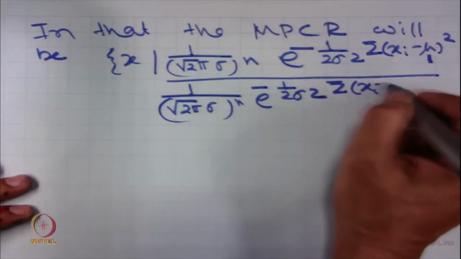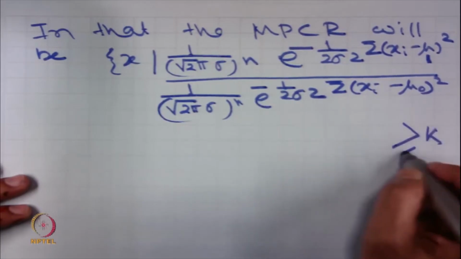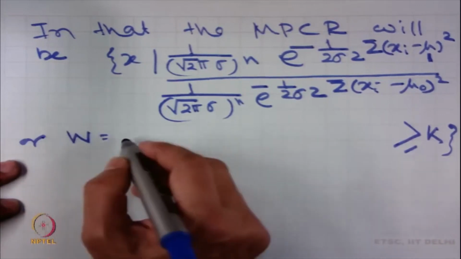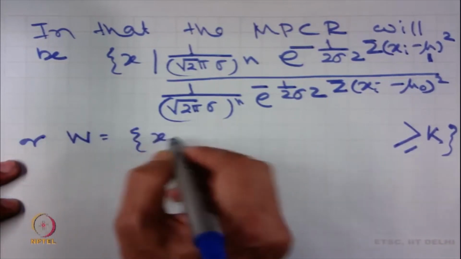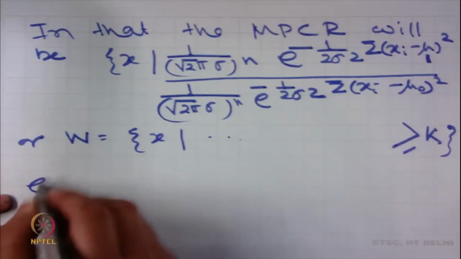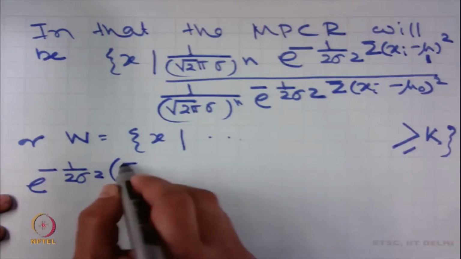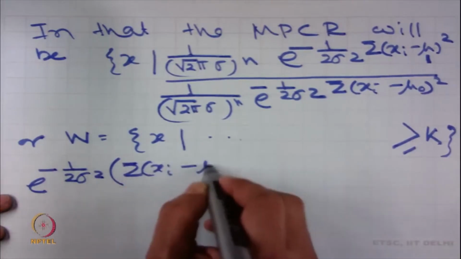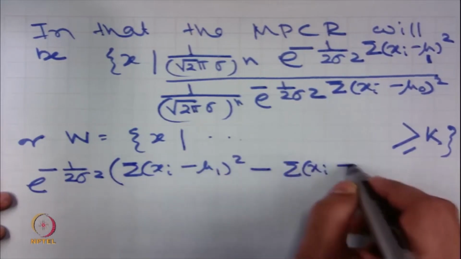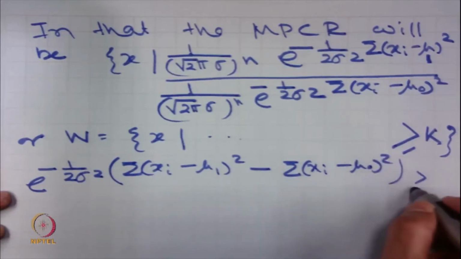This ratio has to be greater than or equal to k, or W is equal to all those x such that e to the power minus 1 upon 2 sigma square into sigma xi minus mu 1 whole square minus sigma xi minus mu naught whole square is greater than or equal to k.